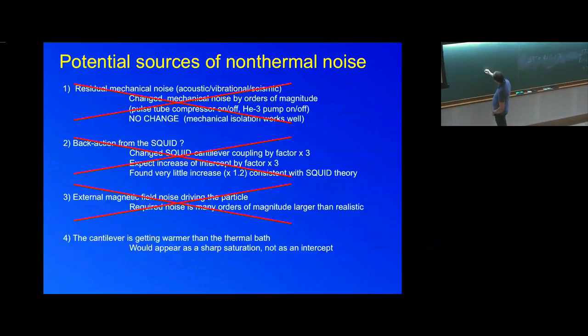You have a SQUID, just as seen from the side. So this is a ring, actually. Then you have this cantilever here, which sticks out from the tip. And this moves up and down.